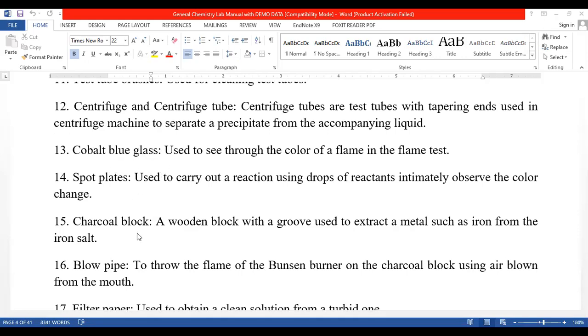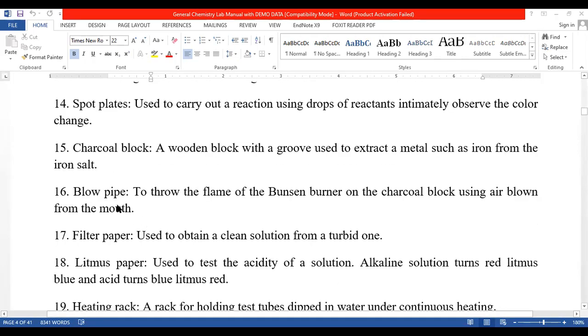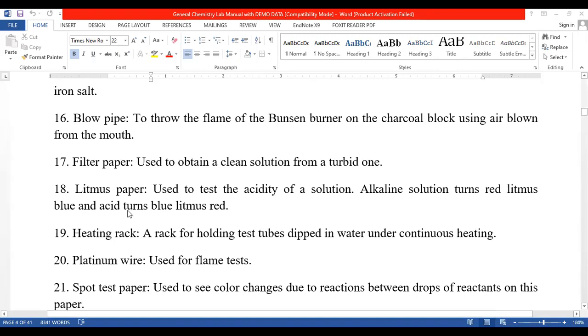Then spot plate, charcoal block. Charcoal block is not required in today's experiment because it is required in another experiment where we will identify pure iron in an iron compound by the reduction method. Blowpipe to change the flame direction whenever necessary. Filter paper for separation purposes.